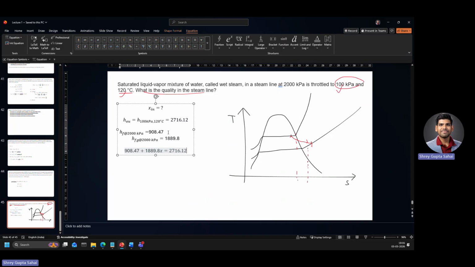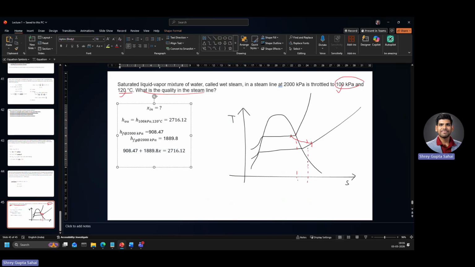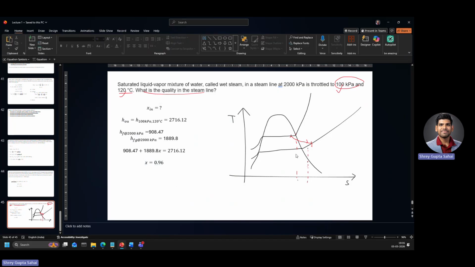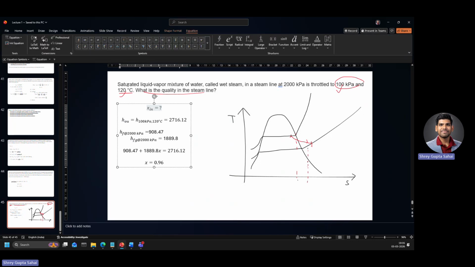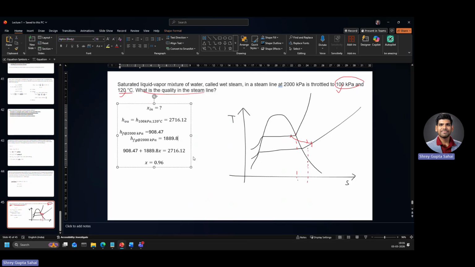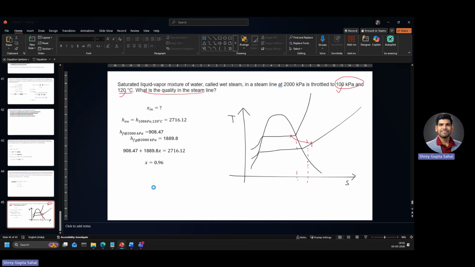Let me just quickly calculate it. 2716.12 minus 908.47, then you divide this by 1889.8, and you get X equals 0.96. So that's how you calculate it. I made a mistake in considering that X in is known to us. It's not. The saturated liquid vapor mixture is known, but it's not told how much quality it has. So that's how you solve this question.